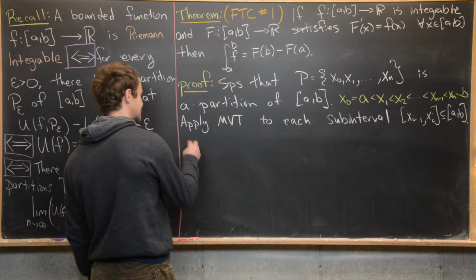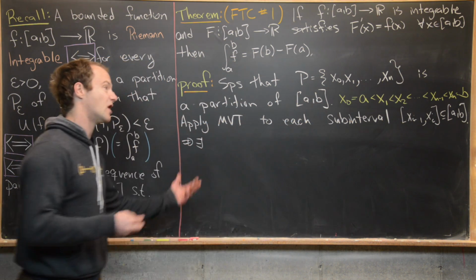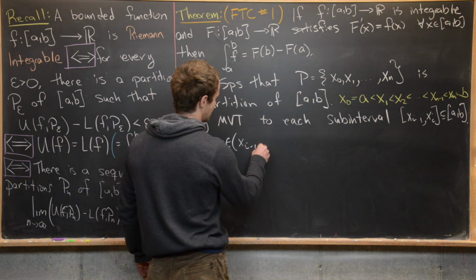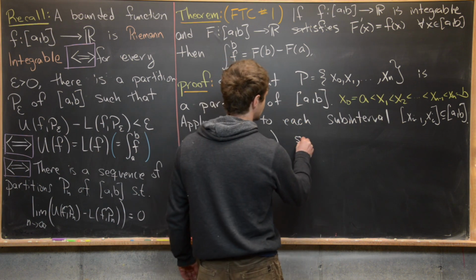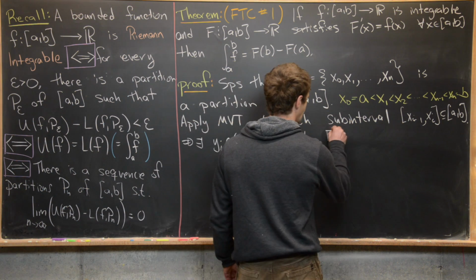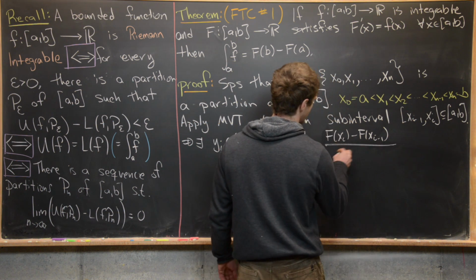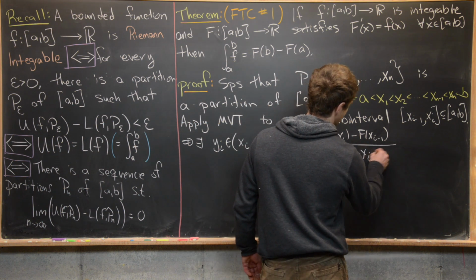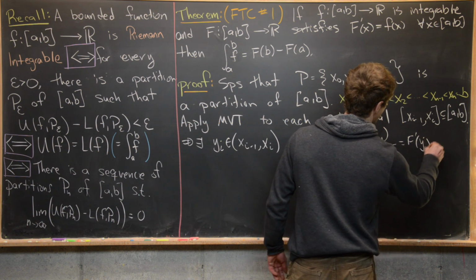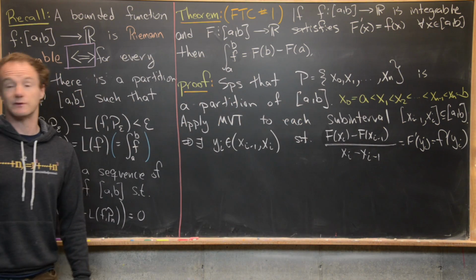So what that does is brings into existence some y_i in the open interval (x_{i-1}, x_i), such that we have the following setup. We'll have F(x_i) minus F(x_{i-1}) over x_i minus x_{i-1} is equal to F prime of y_i, which is little f of y_i. Great, so we've got something like that.